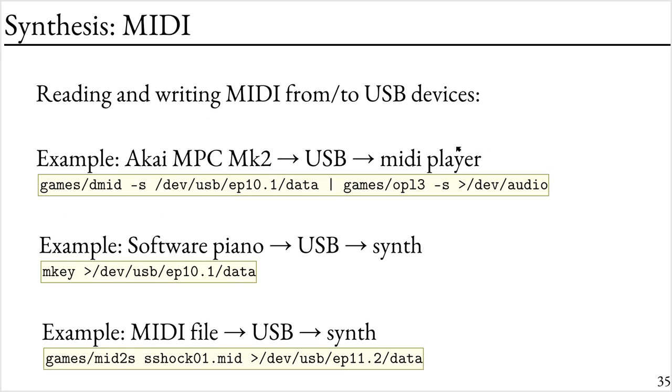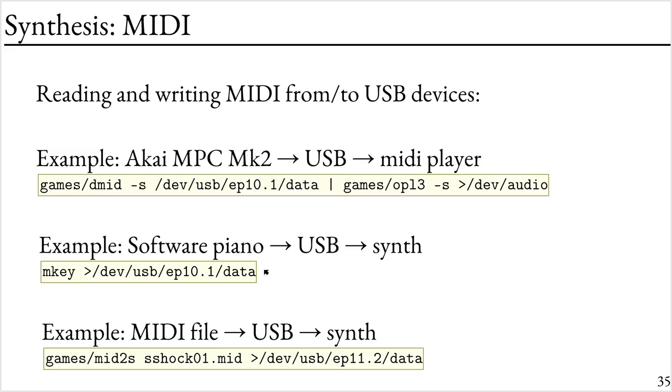So just as an example, you may have, for instance, a MIDI keyboard controller like the Akai MPC Mark II connected by USB to your computer, and then you want to send whatever events it gives you when you press the keys to a MIDI player. So DMID and OPL3 both have a streaming option where instead of decoding an entire MIDI file at once, they will interpret MIDI events in real time and produce audio that way.